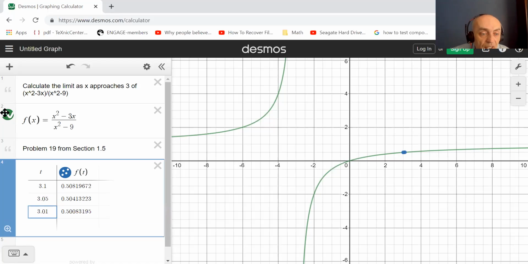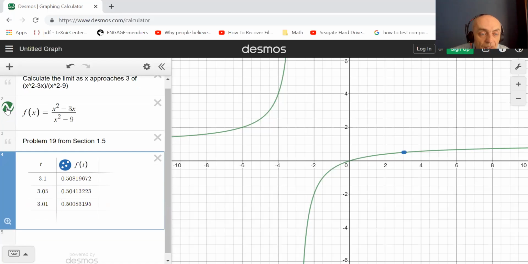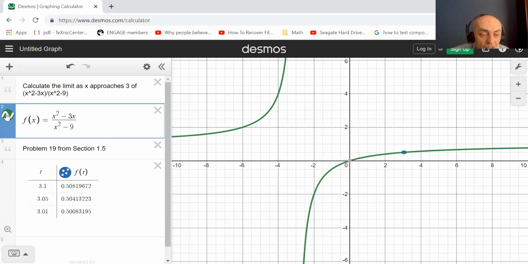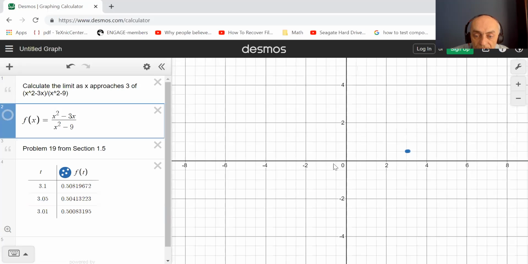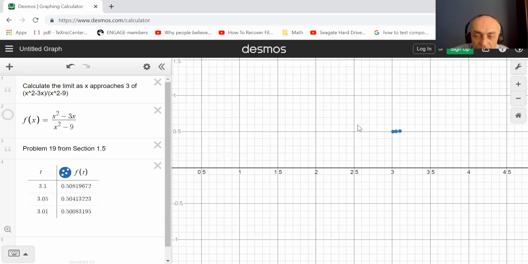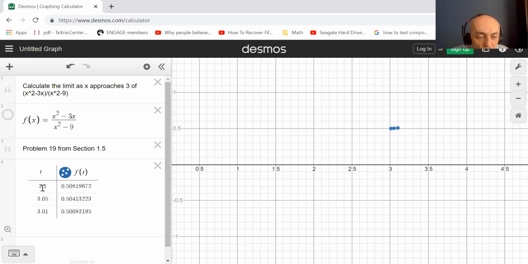One second, let me just wipe that out. All right, so we got that, and I'm going to turn off the graph here. You can see that what this does is plot the corresponding point t comma f of t, or x comma f of x if you want.